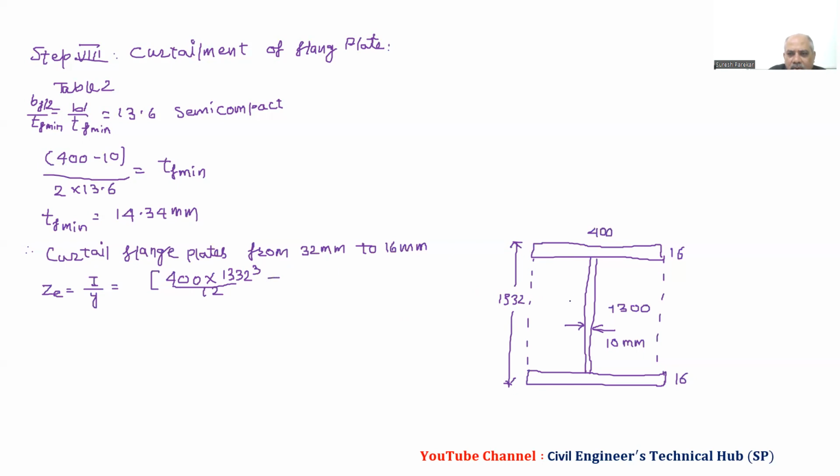Minus, so this we have to subtract 400 minus 10, so we have 390 into 1300 cube by 12. This is I, and divided by y. So we have from the center 650 plus 16, so it will be 666. And we will get the value of ZE.